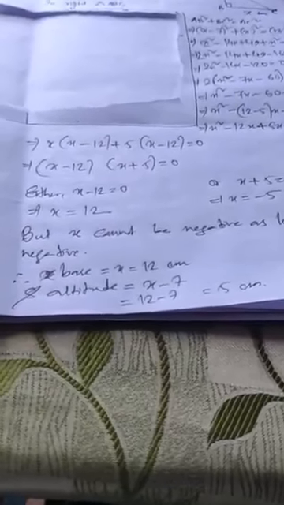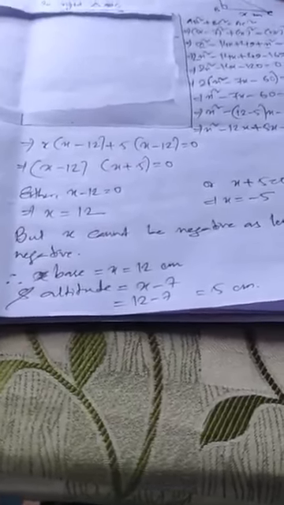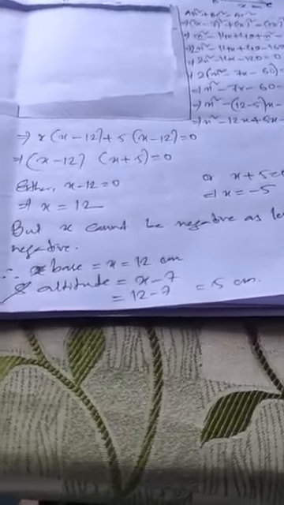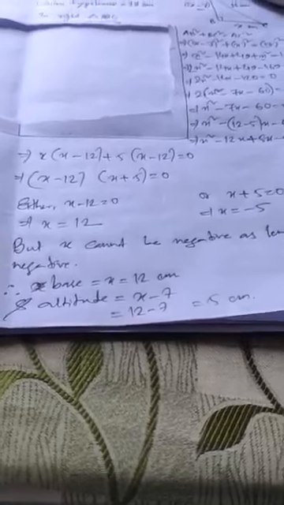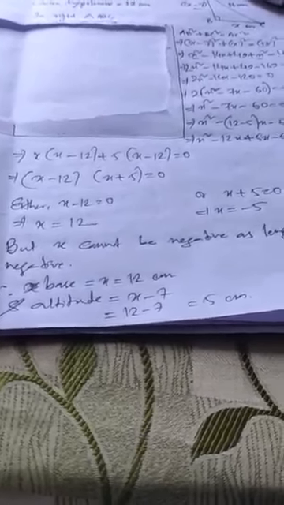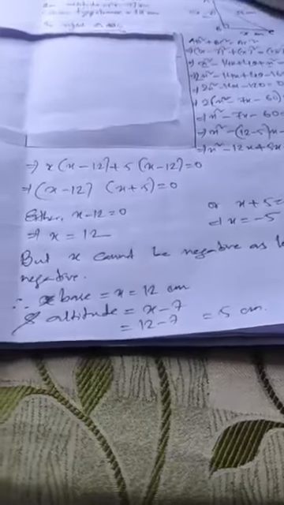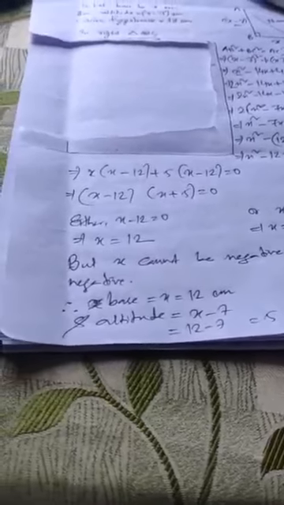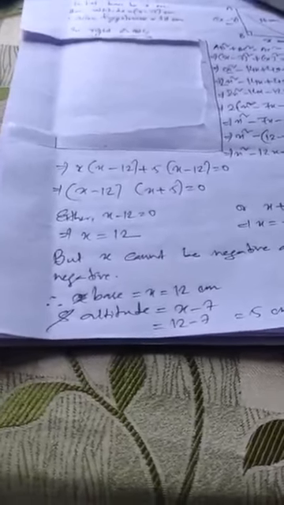Okay, so this was the explanation of question number 5. I've explained those questions which are important from the examination point of view, and question number 4, regarding consecutive positive integers, is for you.